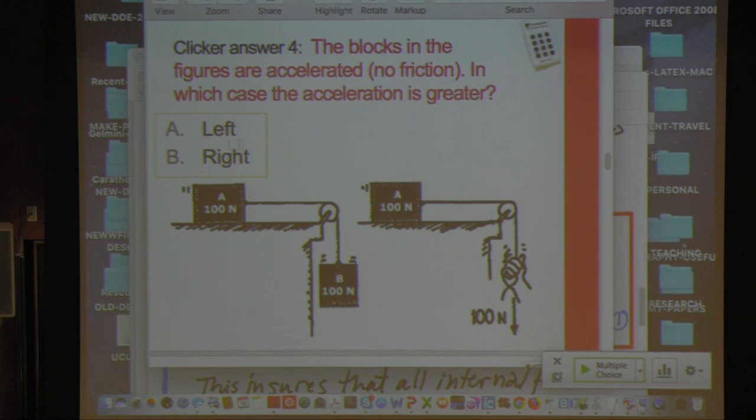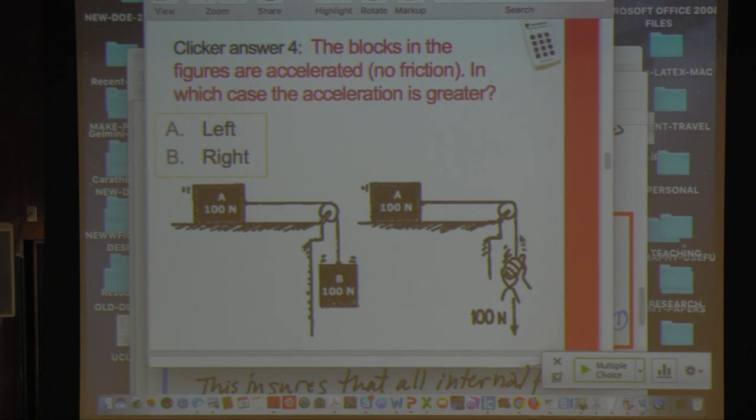So the acceleration in this case, where the two blocks are alone, should be smaller, equal or larger? Smaller. Here you have the same external force, twice the mass.